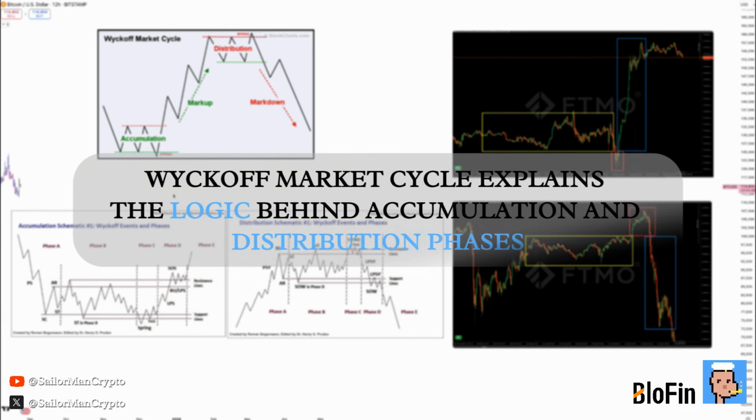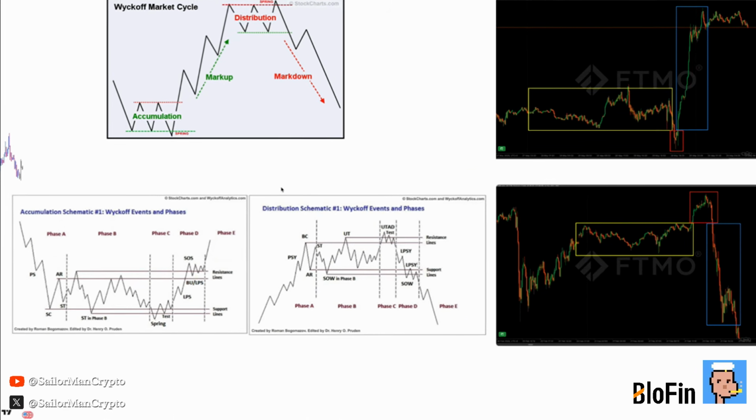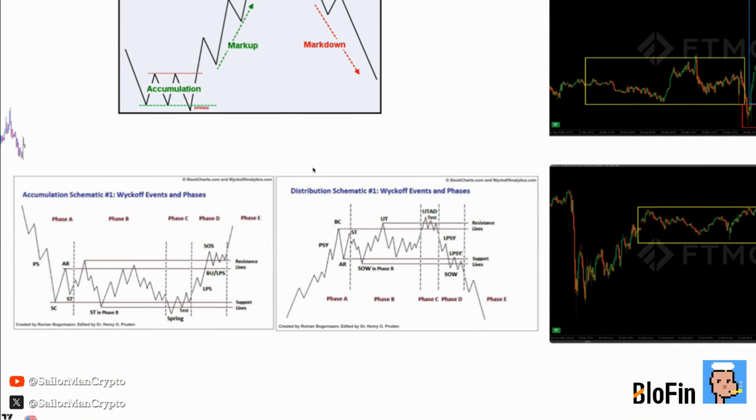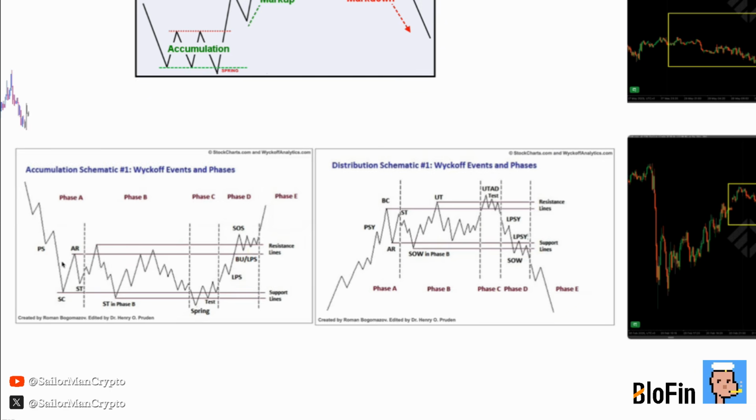As you will see, there are several schematics for both accumulation and distribution in the Wyckoff theory. Now I put the number one for each of them, then you will see that there are differences. But again, this video is not about Wyckoff or ICT. You will see that during accumulation, we come from a downtrend.